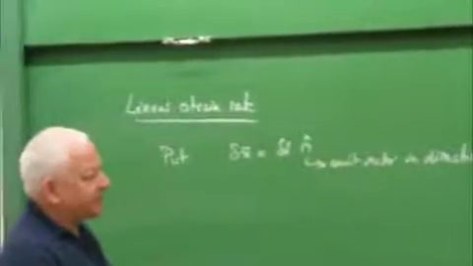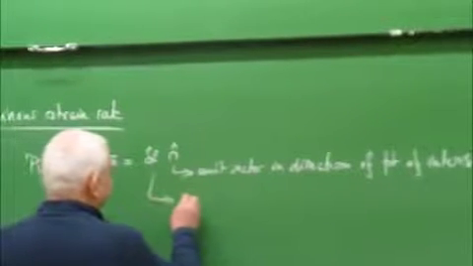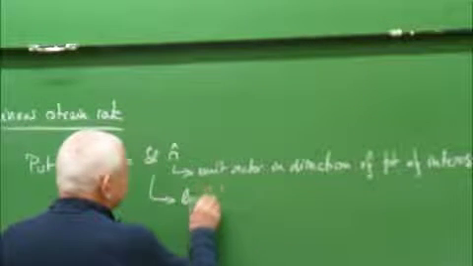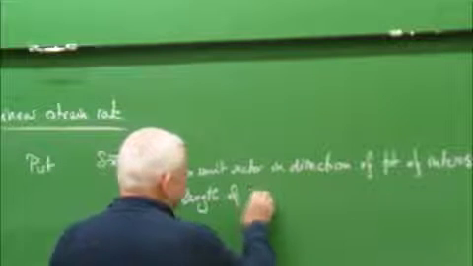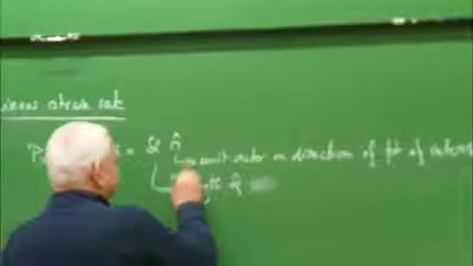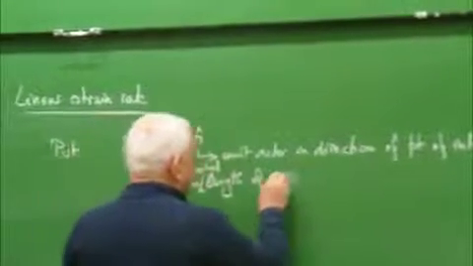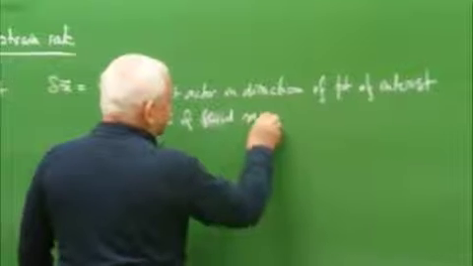Delta L is then the length of the vector delta x. So this is the initial length of the fluid segment that we're considering.